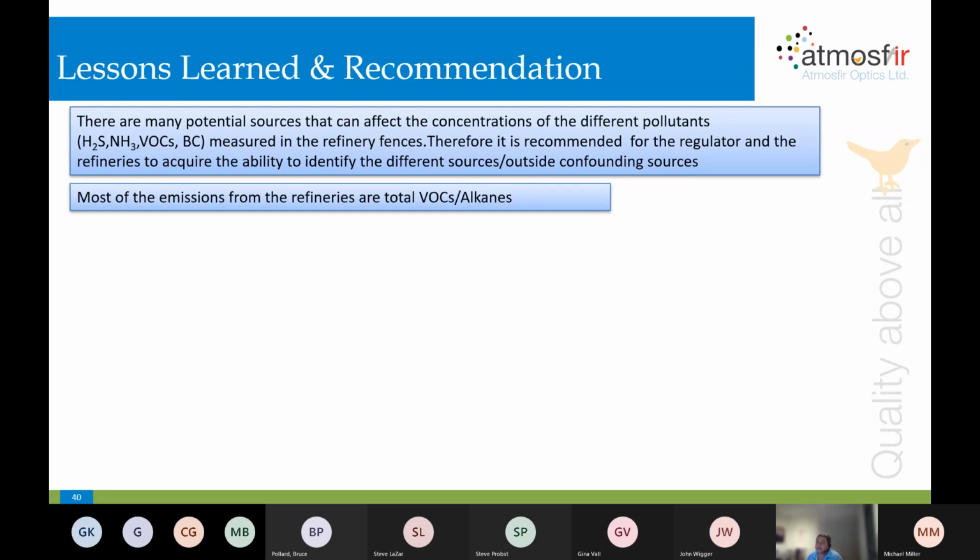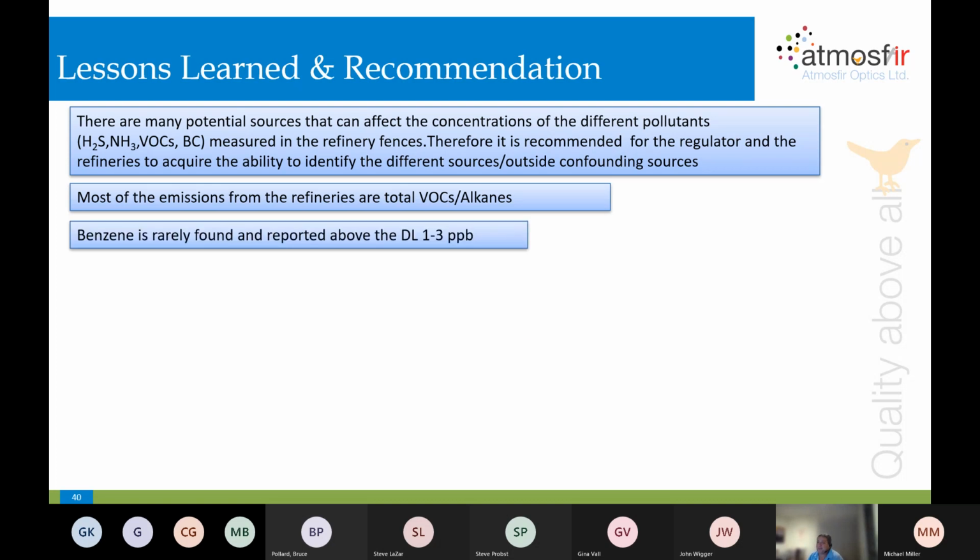The second thing that I think we should understand is that most of the emission from refineries, based on the measurements that we do now, is total VOCs or alkanes, and not benzene and not BTEX and not some of the other compounds. Benzene, at least in the South Coast, is rarely found and reported above 1 to 3 ppb.